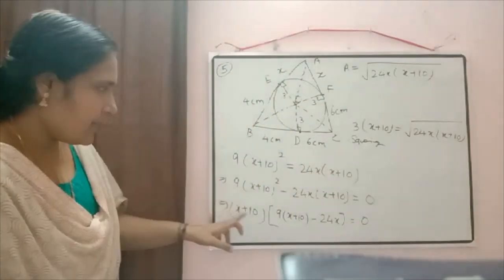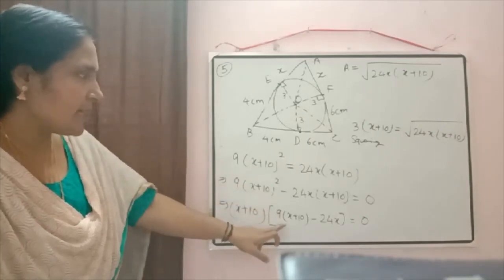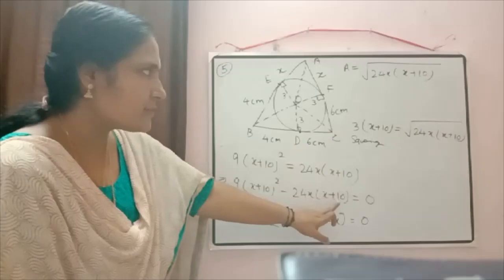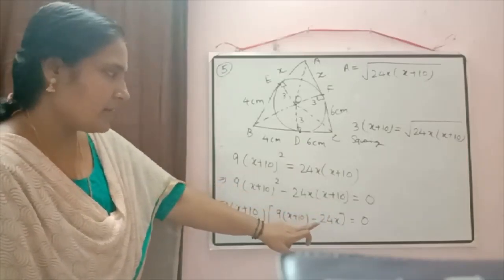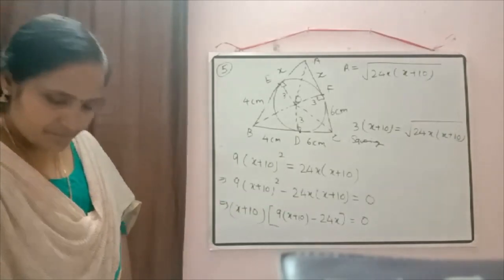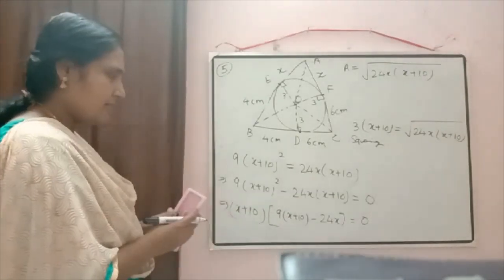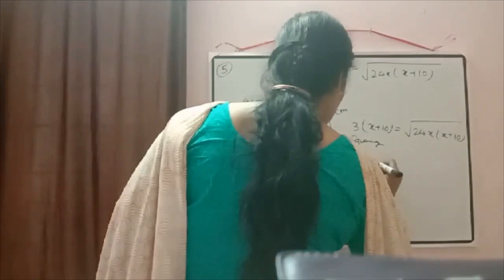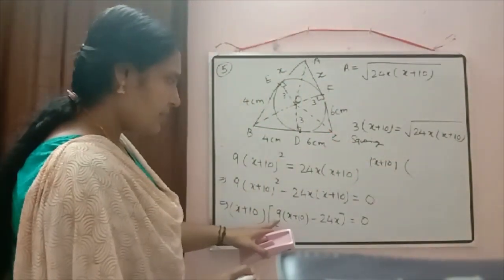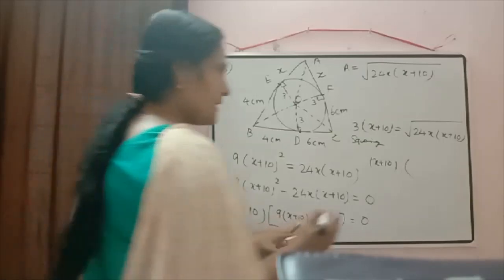So x plus 10 is common, and in the bracket 9 into x plus 10 minus 24x is remaining. Clear? Now we'll check what will come. When we open the bracket, it will be 9x plus 90.